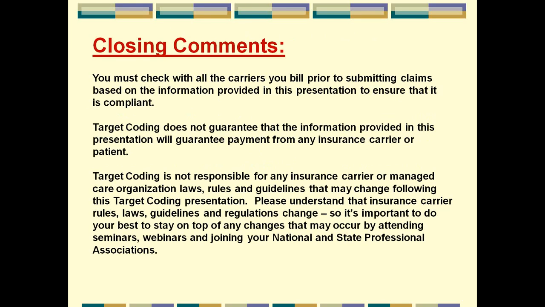Okay, just a couple of closing comments here. You must check with all the carriers you bill prior to submitting claims based on the information provided in this presentation to ensure that it is compliant. Target coding does not guarantee that the information provided in this presentation will guarantee payment from any insurance carrier or patient.